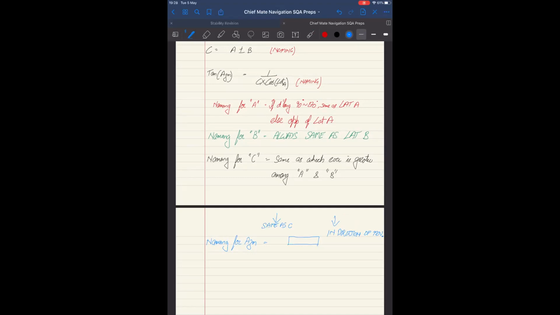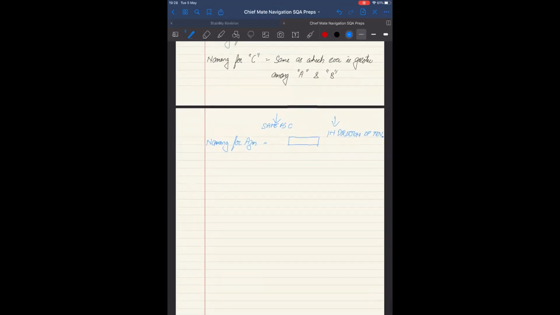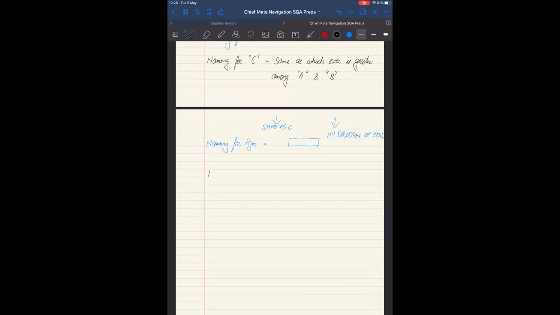Now let's look at how we calculate the final course. Final course, again, we use the ABC table method.